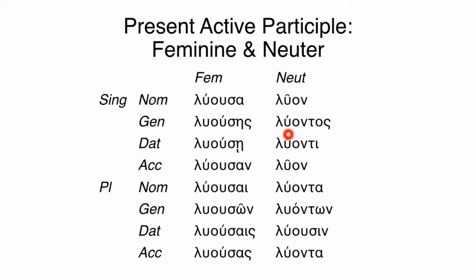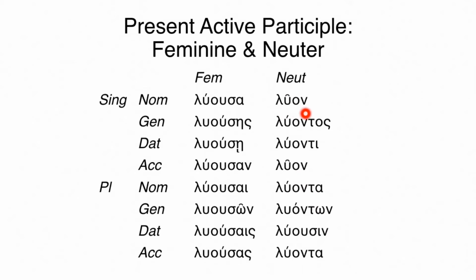Next we come to the neuter forms. Again, you'll see the common lu stem, and then these participle forms look very similar to the masculine present active participle forms, but with differences that are in keeping with them being neuter. Let's go through them.